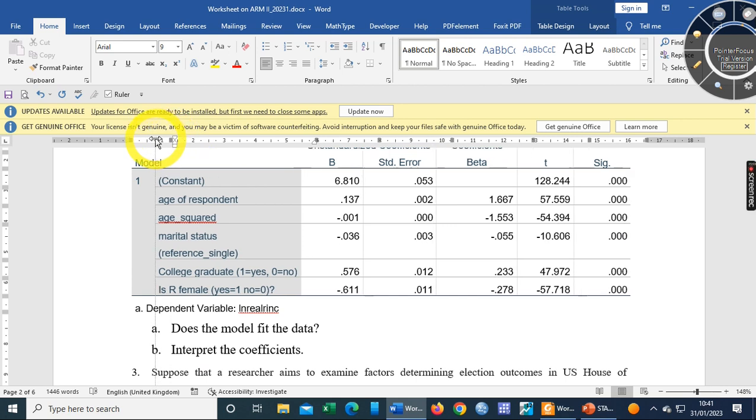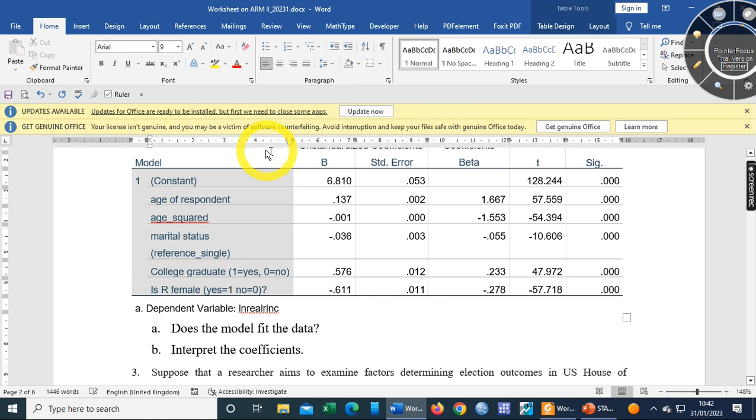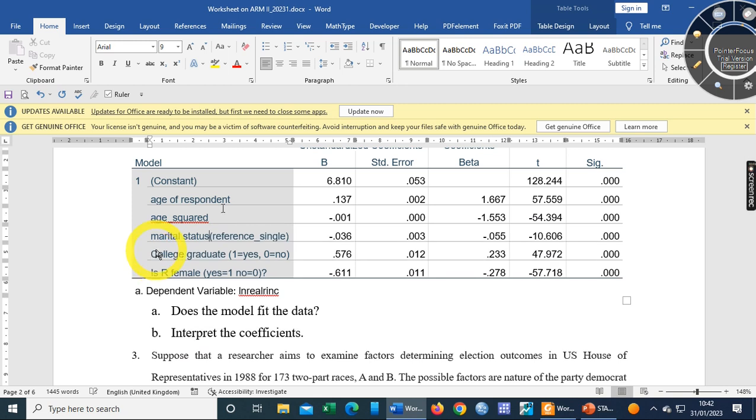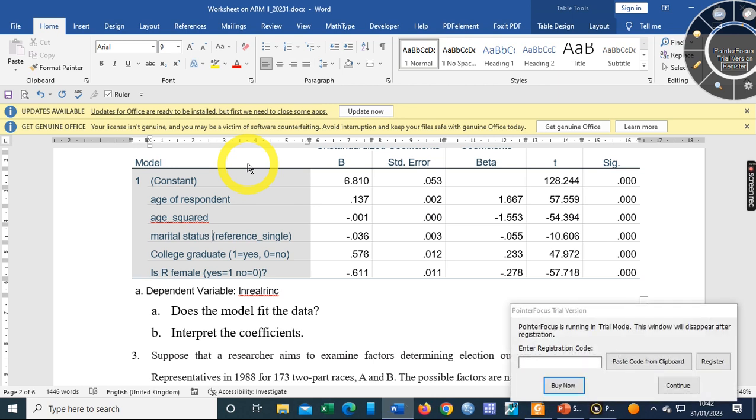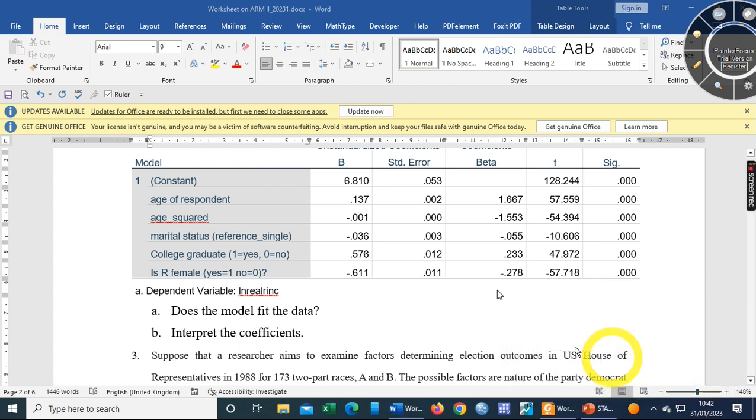The quotient implies that, look, it's negative, statistically significant, and our reference group is single.